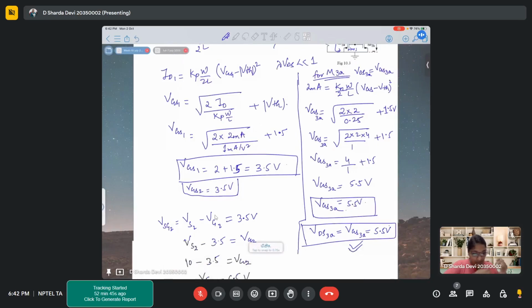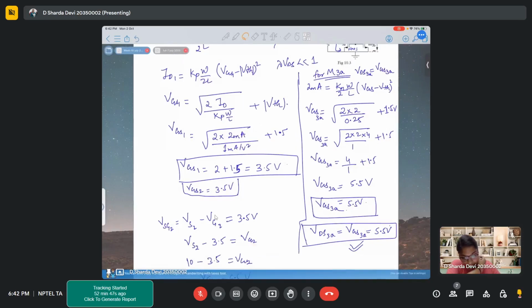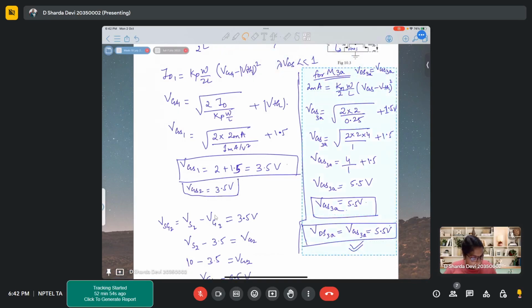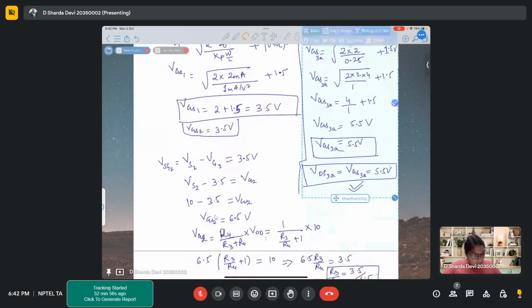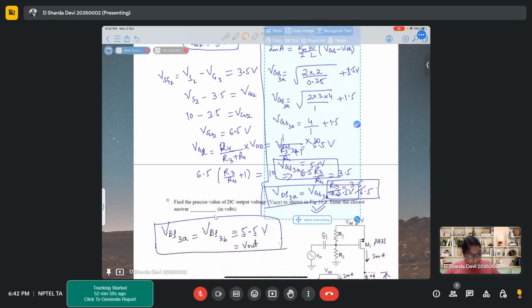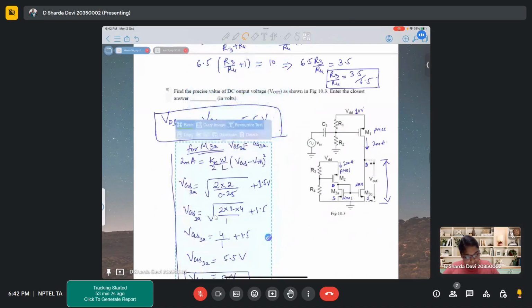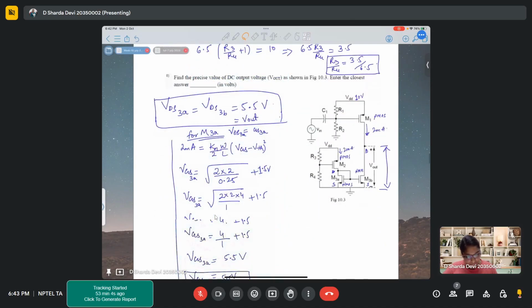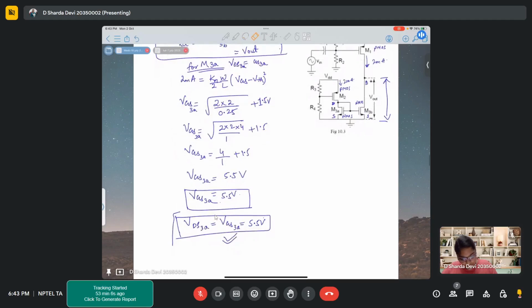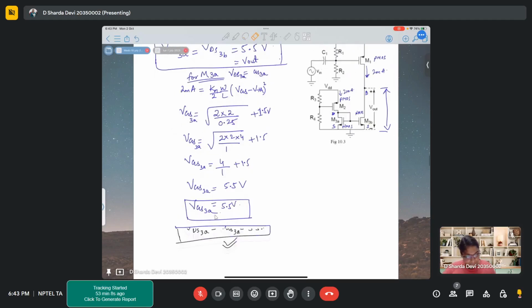Since this analysis was for the next problem, maybe I'll transfer this. It could be a better idea. So this is how we got the answer.